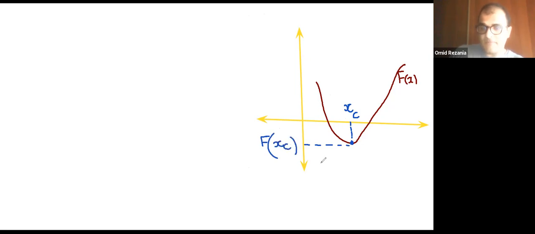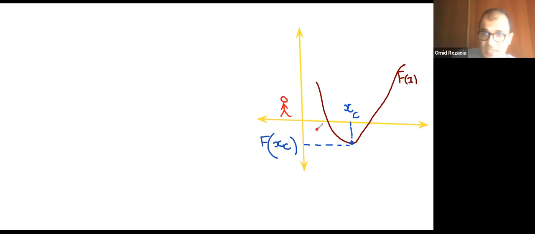xc. We noticed yesterday that we call this a crazy point because when you are walking along the x-axis from left to right, until you reach this point, the function is decreasing.